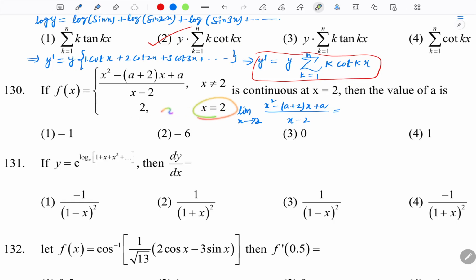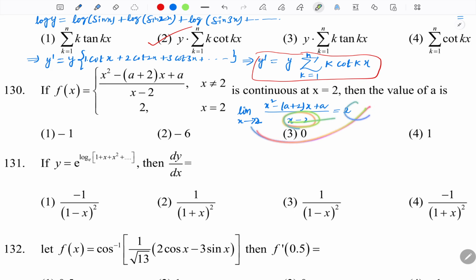At x equal to 2, the answer is 2. Observe students, if I apply the limit x goes to 2, this goes to 0, but here 4, this 4 will be cancelled. Here minus 2a plus a, it does not go to 0. So when the limit will exist, it should go to 0, only then can we say the limit will exist.